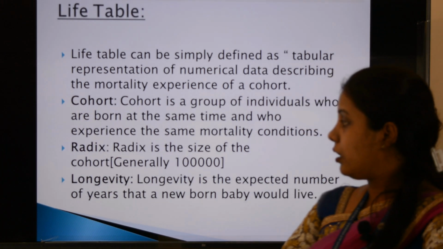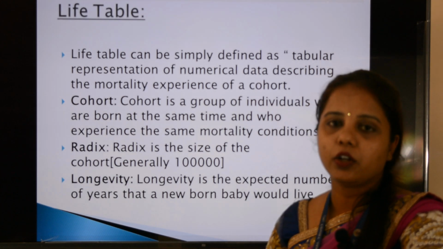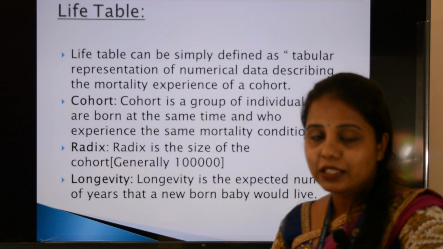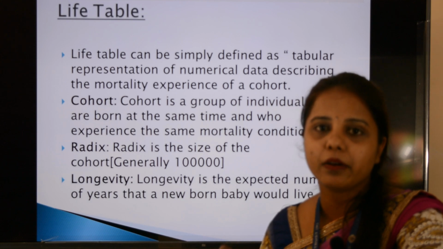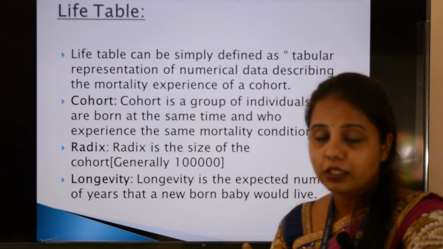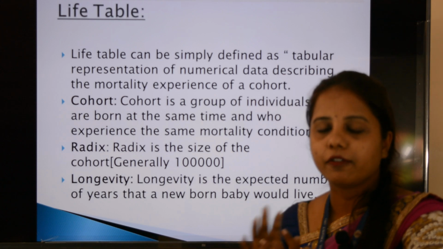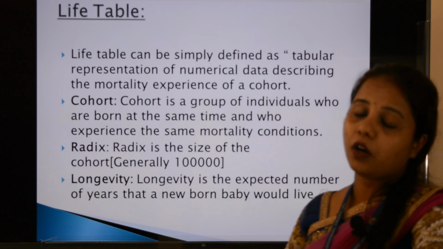Then, the last term related to this life table is longevity. What is longevity? Longevity is the expected number of years a newborn baby would live. That is, how many years a baby is going to live. Of course, it is an approximate value. So that we will call longevity.